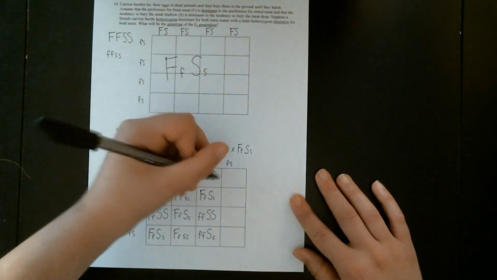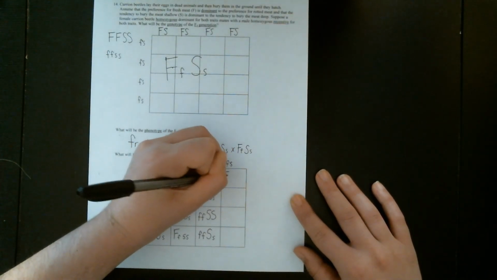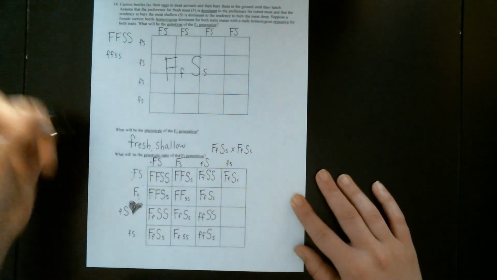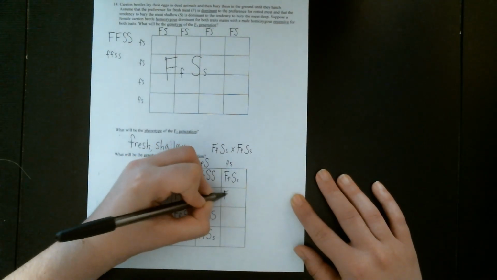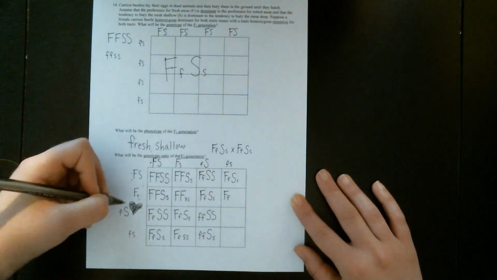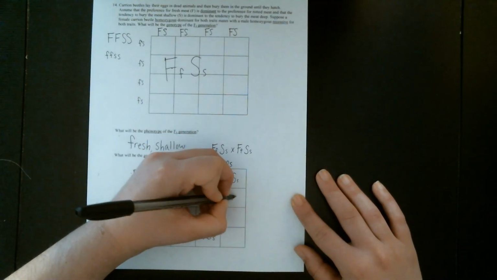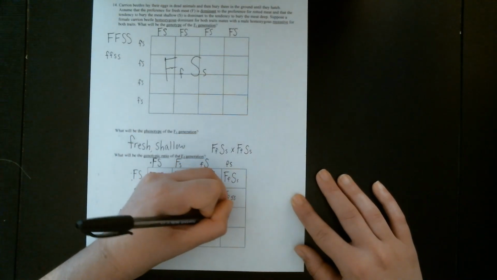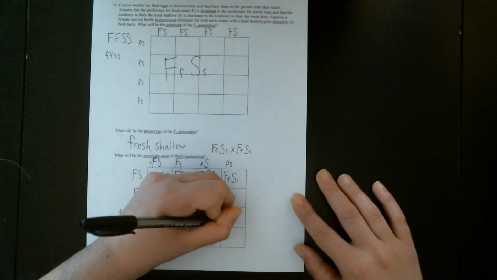Okay, and then the last row, big F, big S, little s, big F, little s, little f, big S, little s.